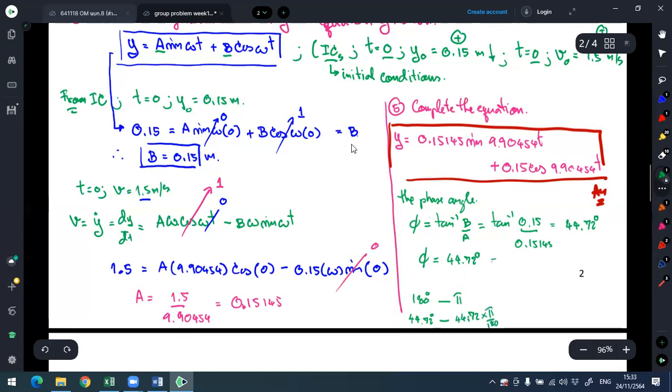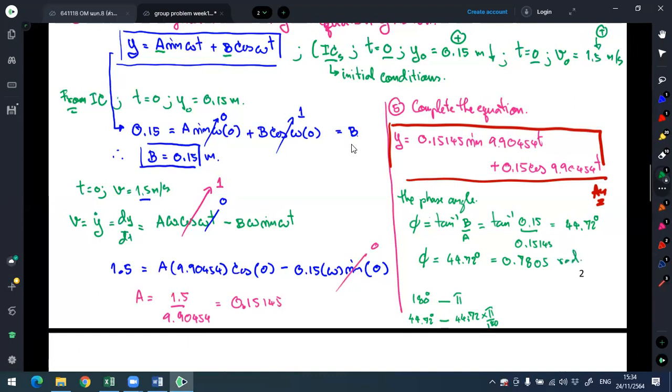So the angle phi becomes 44.72 times pi divided by 180, which is 0.7805 radian.